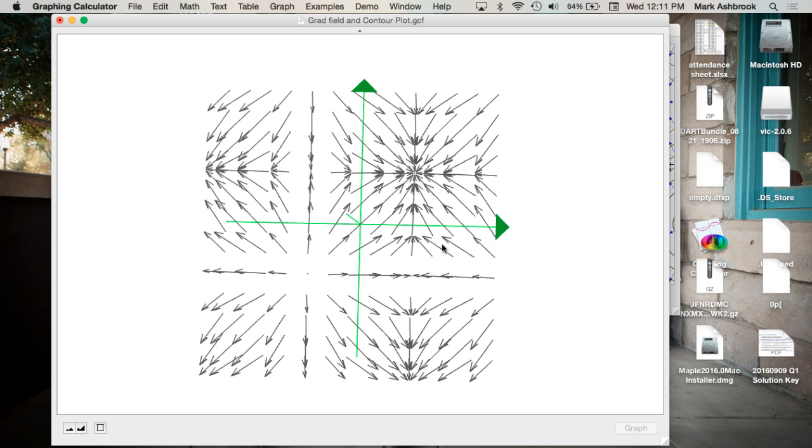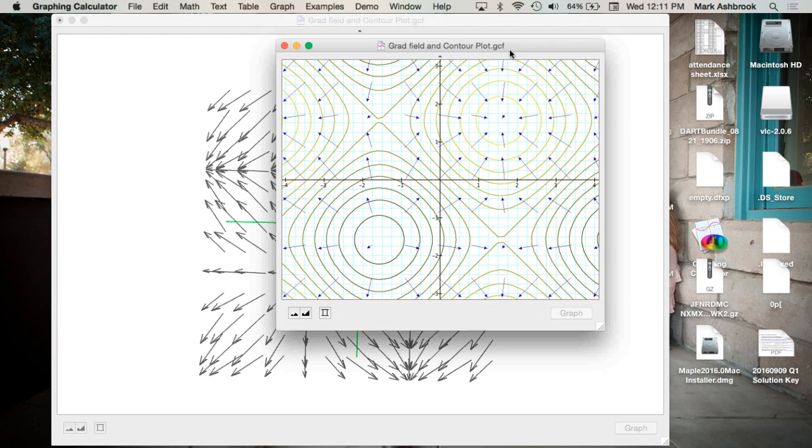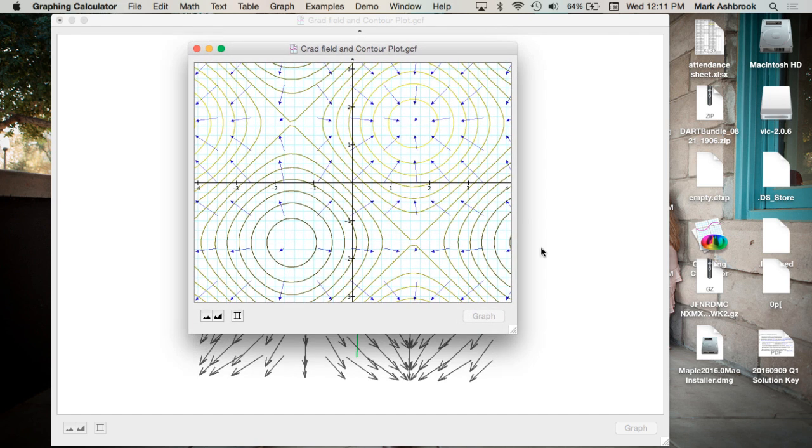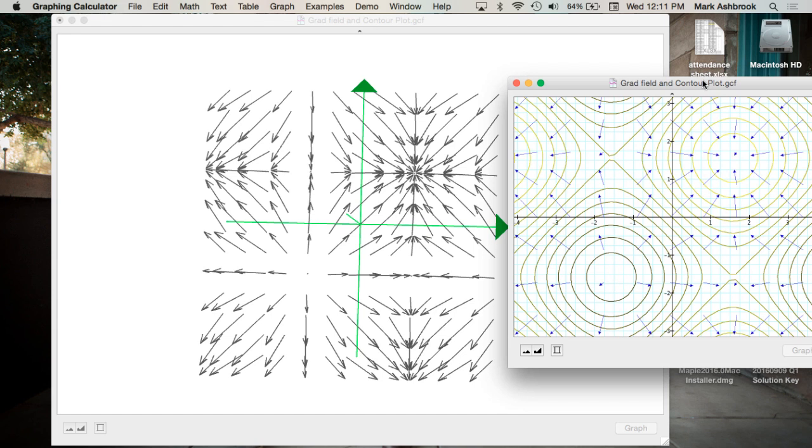So it's going to be like arcs, concave towards that saddle or something like that. Anyway, here it is. That's the image of the contour plot for that gradient field, and all the gradient vectors are orthogonal to the contour lines.